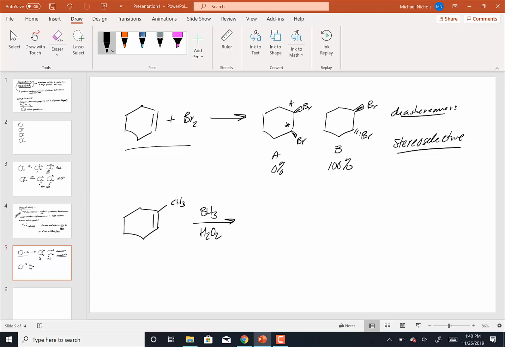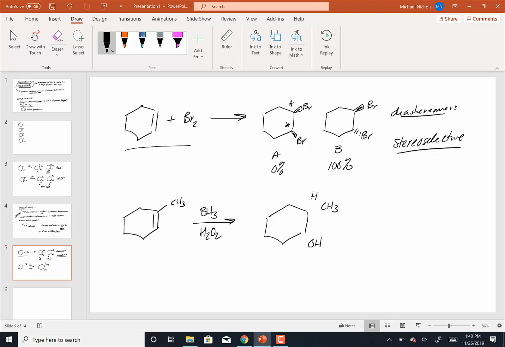All right, what is BH3 and H2O2 adding? H and OH how? Markovnikov, anti-Markovnikov. Anti-Markovnikov, which means in this case the H would attach to the carbon with the CH3 and the OH would attach to the other carbon.